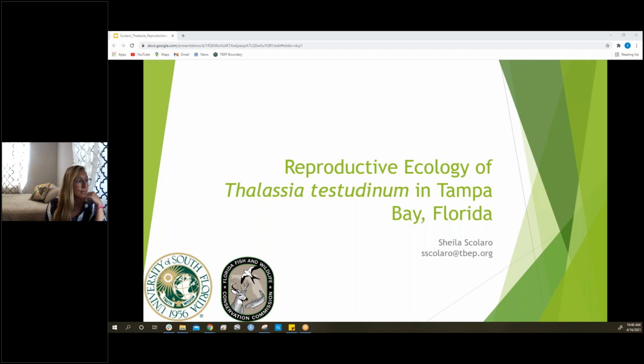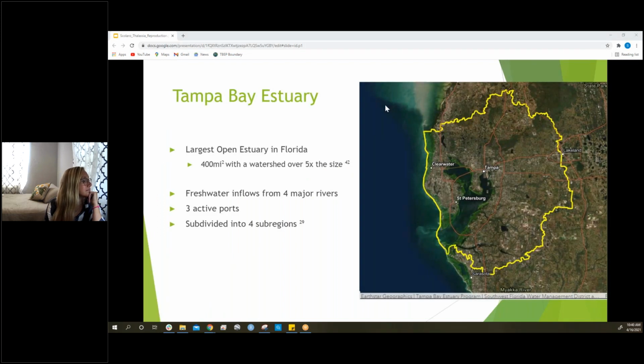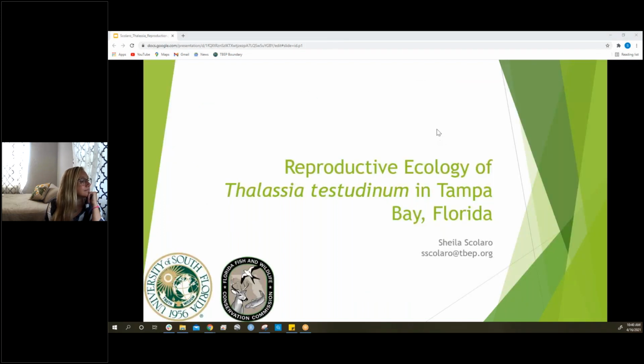Yeah, we're seeing the top and bottom bars too, just so you know. This is how it looks in presenter mode or when you present on Google Slides. Ah, okay.